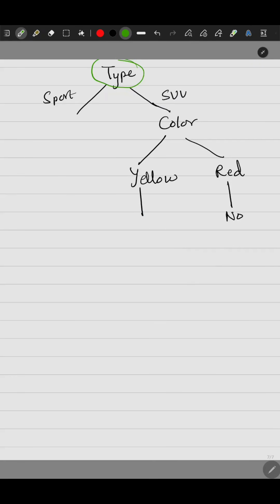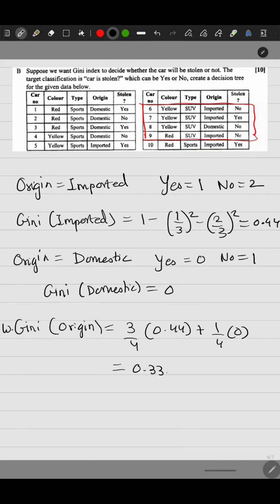I will show the types like this just to distinguish. So the only attribute for splitting is origin. And the origin in this case, if it's domestic, then it's no. Amongst yellow, I'm focusing on this even tinier subset.